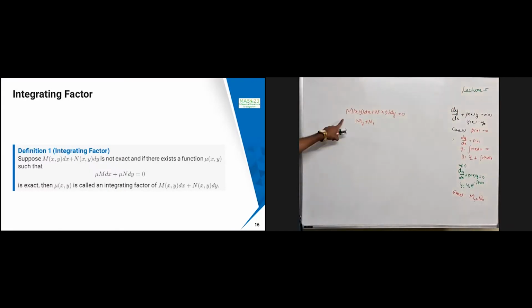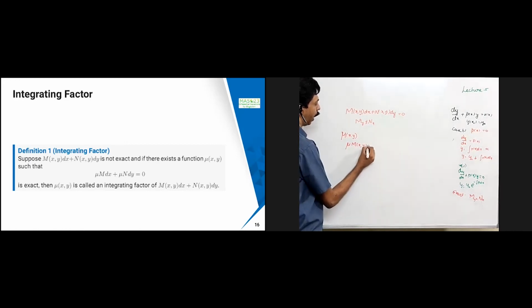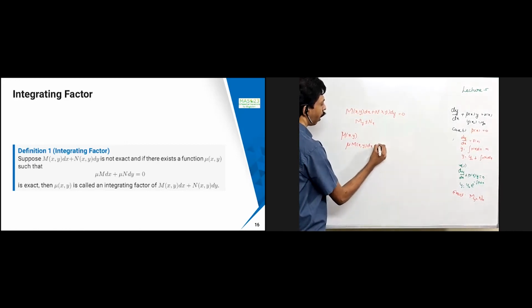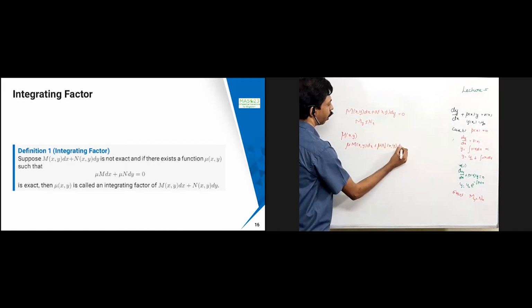Suppose M(x,y) dx + N(x,y) dy is not exact, and there exists a function ν(x,y) such that ν M(x,y) dx + ν N(x,y) dy is exact.